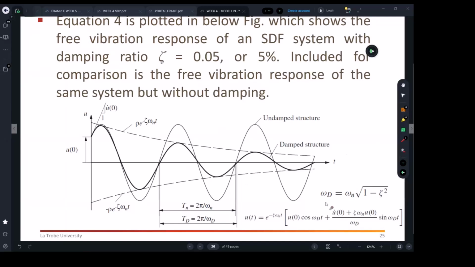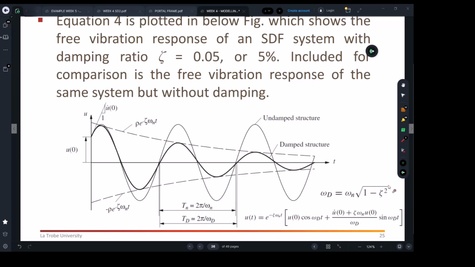One thing to pay attention to: for the thick line, which is for damped structures, we're gonna have a special frequency. So when you see omega capital D, that means it is the natural frequency for damped structures. From the formulation, it is equal to the original natural frequency of the system multiplied by this square root function, which, as you can see, is a function of the damping ratio.